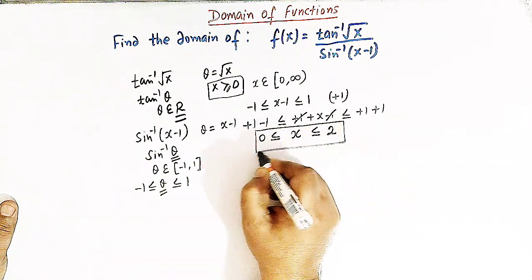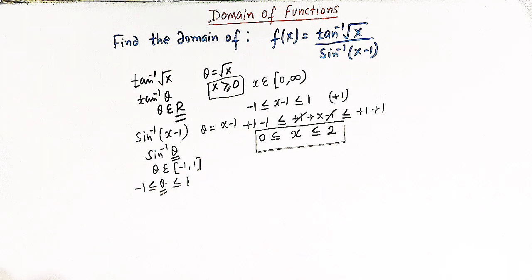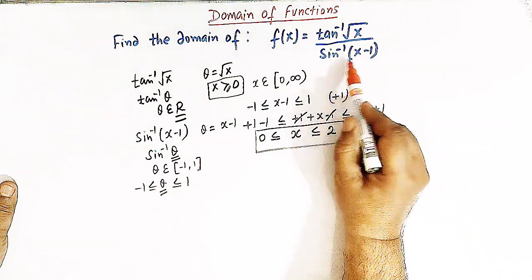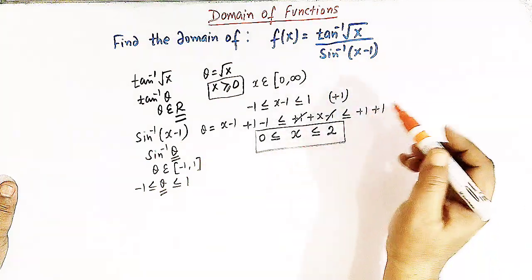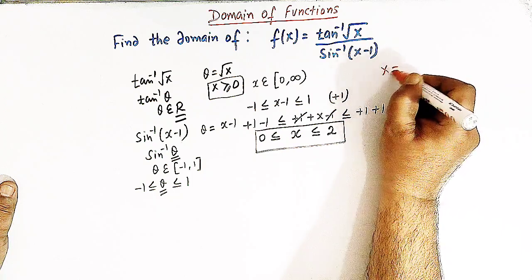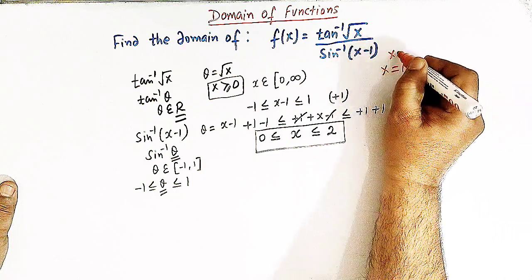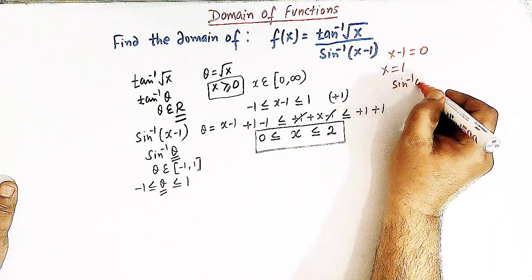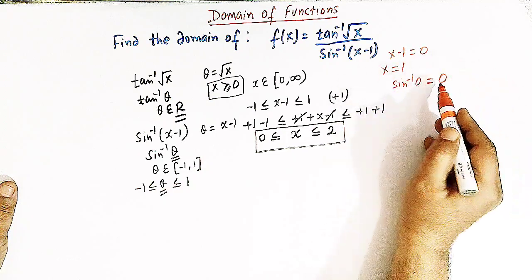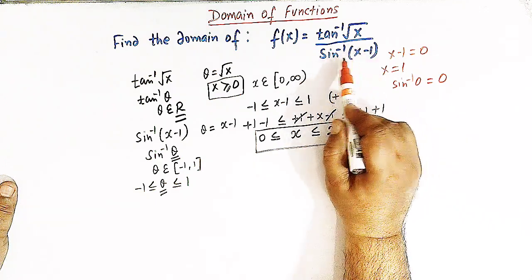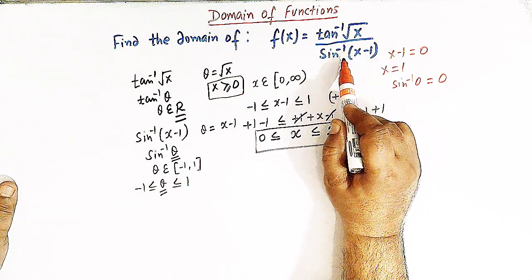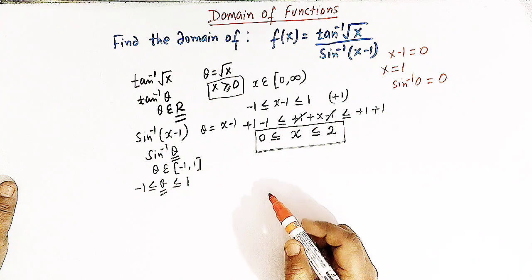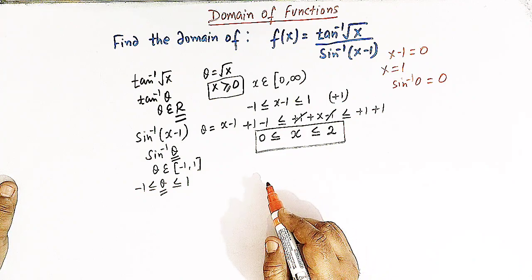And here there is one important thing to note. See, sine inverse x minus 1 appears in the denominator. And whenever x is equal to 1, or x minus 1 is equal to 0, then we have sine inverse 0 is equal to 0, and we have a 0 in the denominator. And in that case, the function f of x is not defined, right?